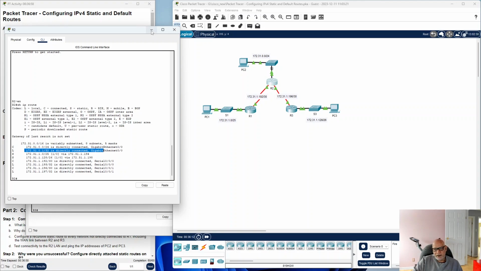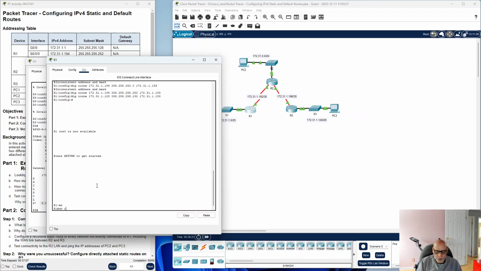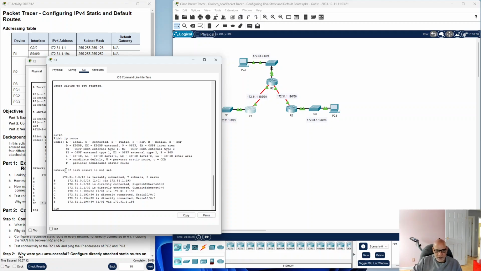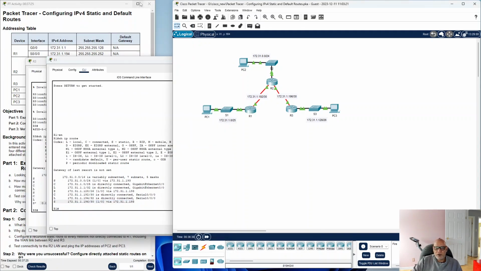Okay, let's verify the third one, R1. Enable, show ip route, and R1 also has 3 static routes here, 1, 2, and 3. Okay, so this is how you create a static route on a network.